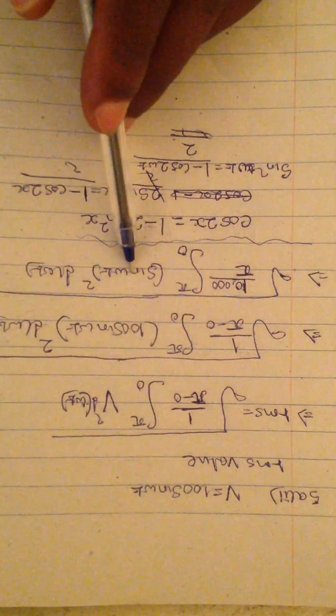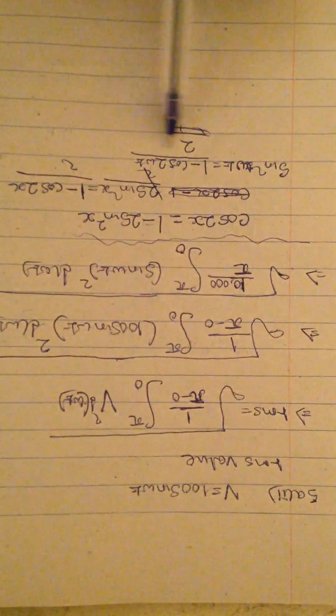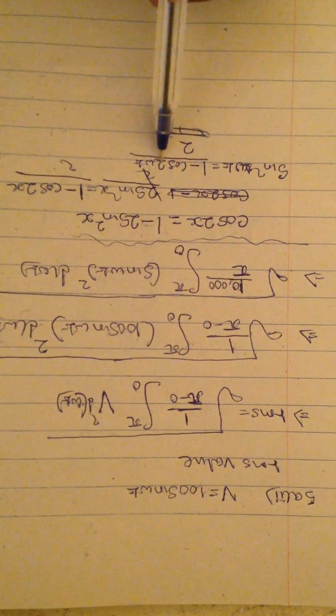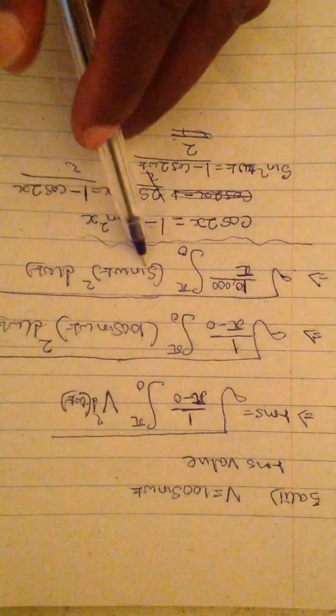Then we have this, the pi and 0. So here we substitute the sine squared omega t with what? 1 minus cos 2 omega t over 2. So it will be 1 minus cos 2 omega t, you close over 2. You have something like this in here.